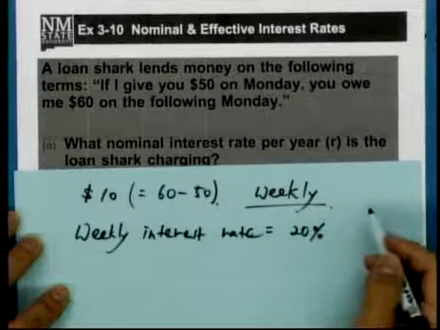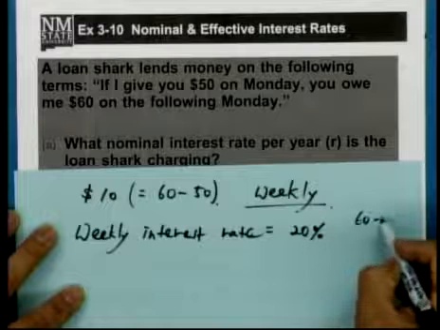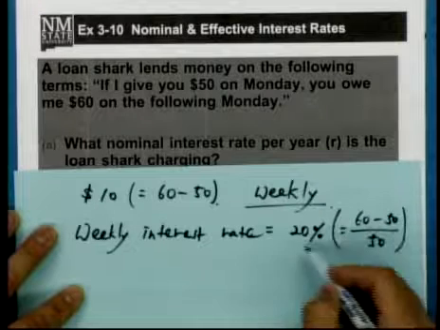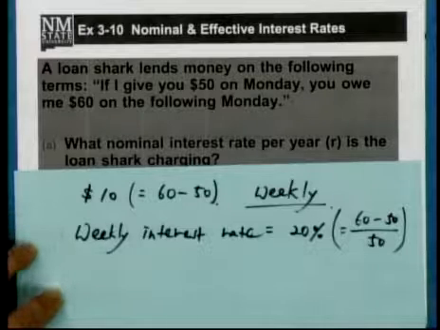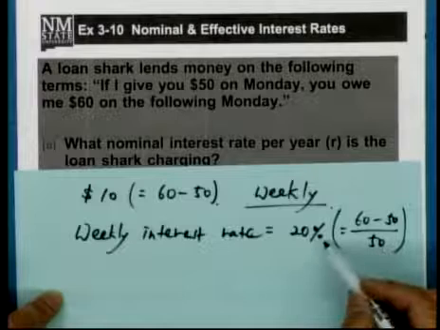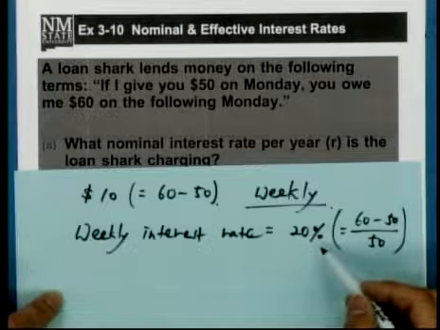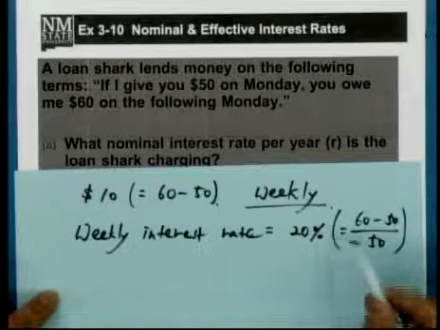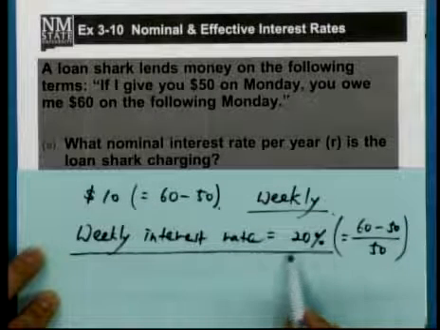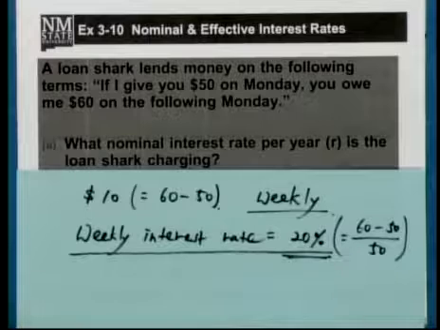How do you know that? 60 minus 50 divided by 50 becomes 20%. Okay? 10 over 50, which is 1 over 5, is 0.2, which becomes 20%, right? So I do say they provide weekly interest rate of 20%.